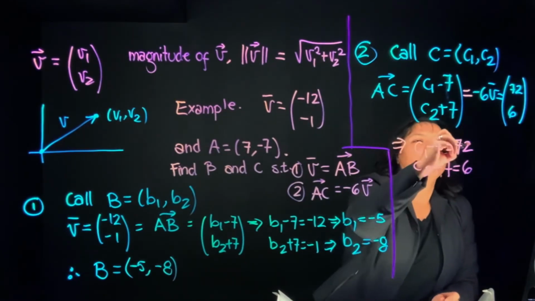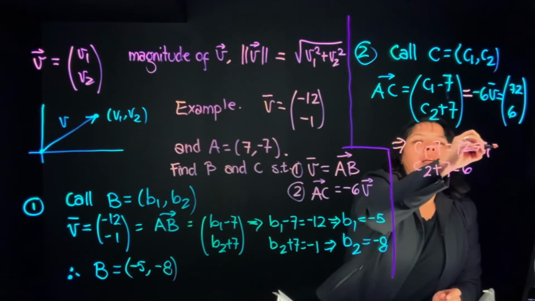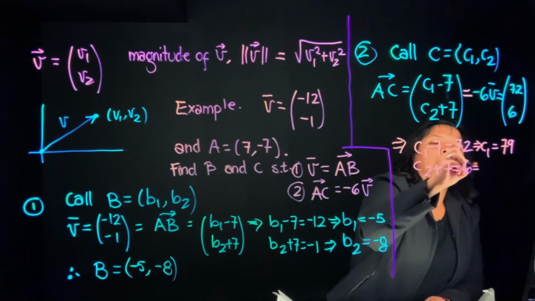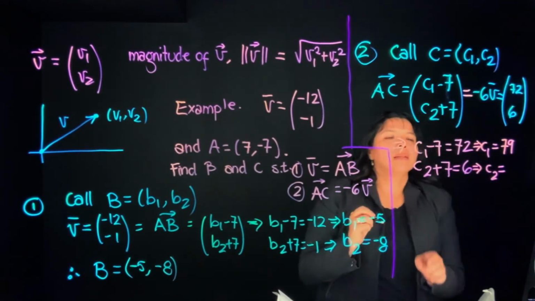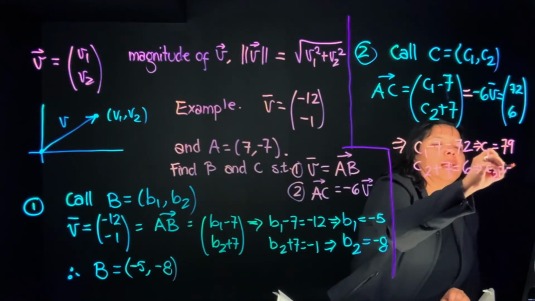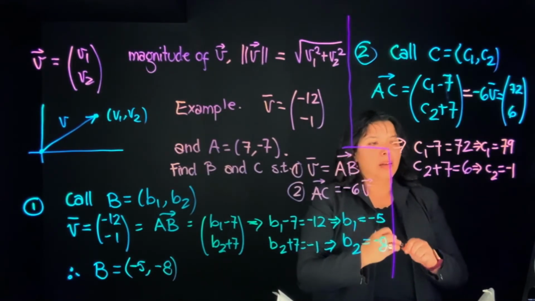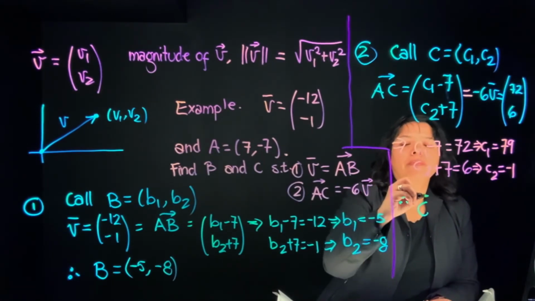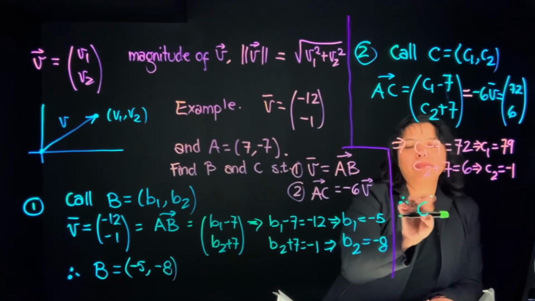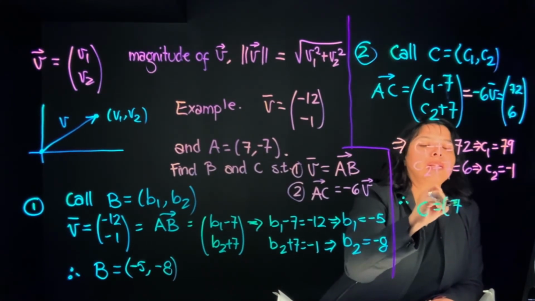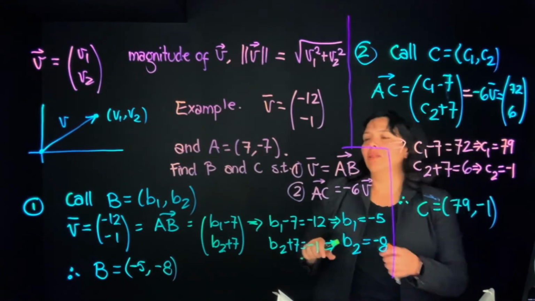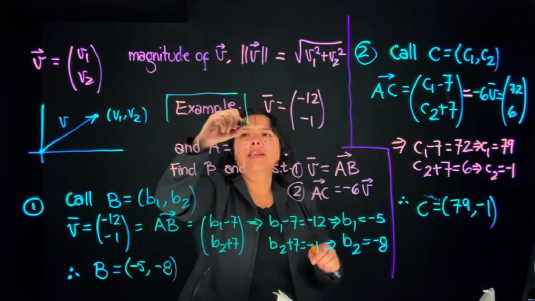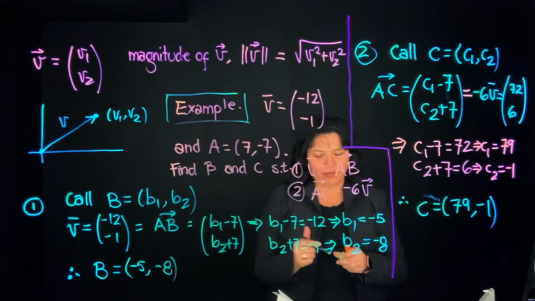So C1 is equal to 72 plus 7, so 79, and C2 is 6 minus 7, so negative 1. So that tells me that my point C should be 79, negative 1. So that's the solution for this problem, this example that has these two questions.